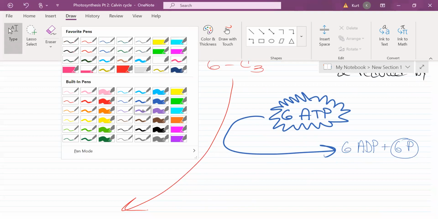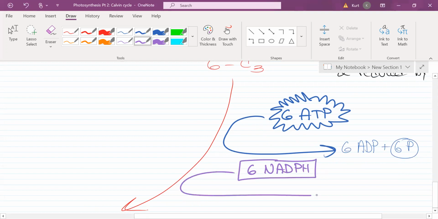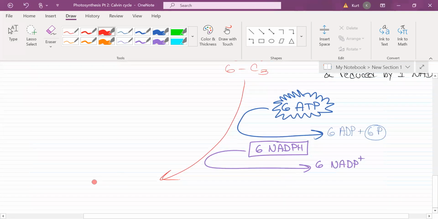And we're going to have 6 NADPHs that's going to result in 6 NADP pluses. So they're going to phosphorylate and reduce the molecules, and that is going to form new carbon molecules.